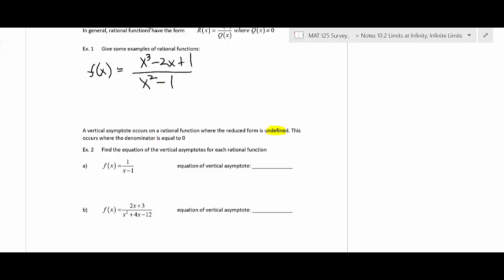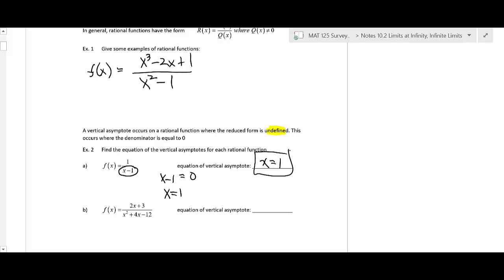So what you would do if you want to find an equation of a vertical asymptote is you just look at the bottom, and a lot of times you can do this in your head. You just set it equal to 0. What would make that 0? 1, okay? So you would get x equals 1 as the equation of your vertical asymptote, okay?